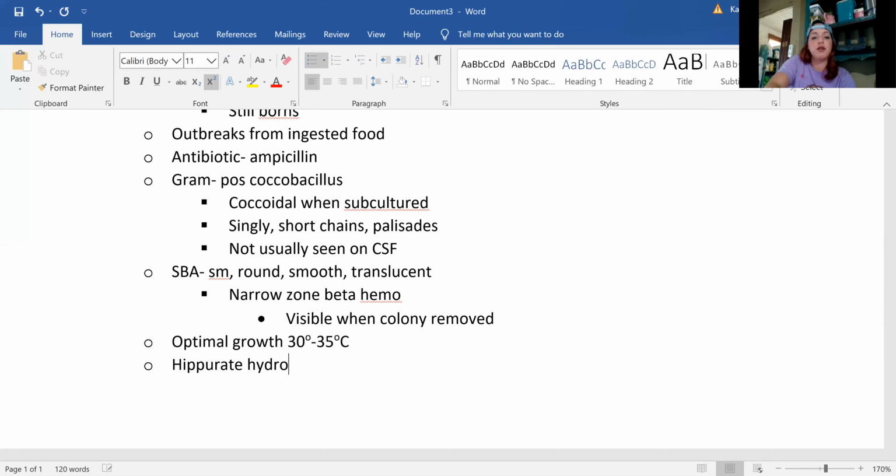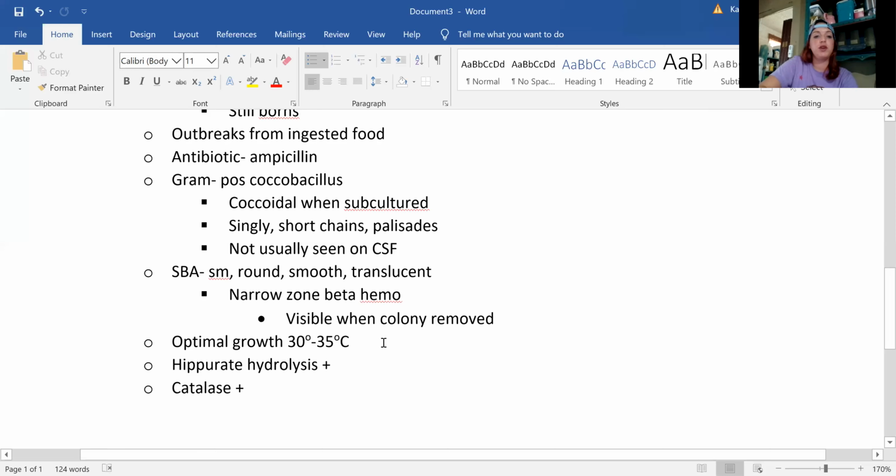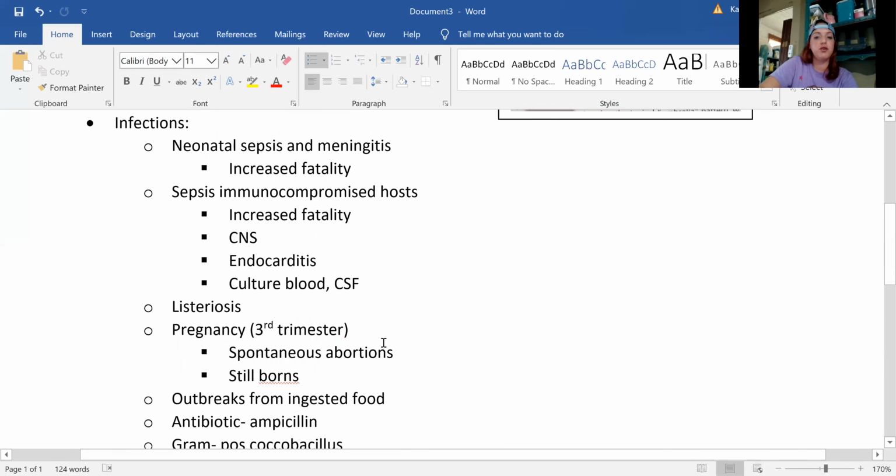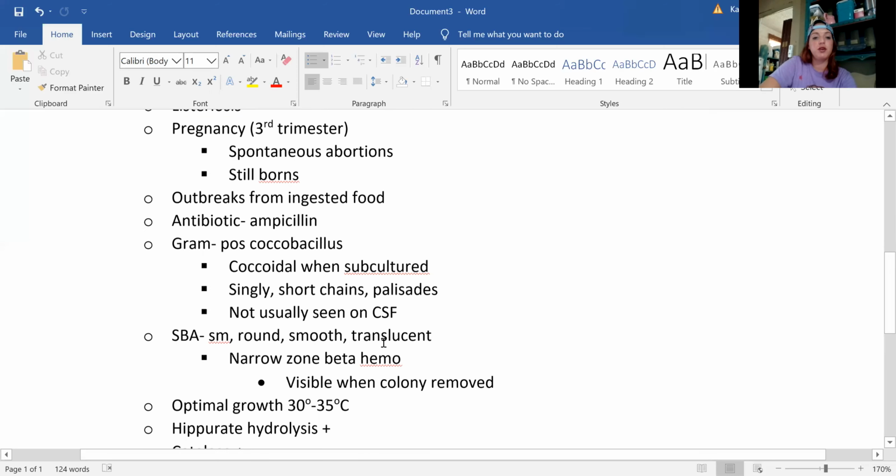Hippurate hydrolysis positive. And this is like S. agalactiae, but it's catalase positive. And what are all your strep species? Strep, cat, and egg, right? So they're all catalase negative. And so when you have things like this that are similar to other organisms, it's good to know the difference in them.